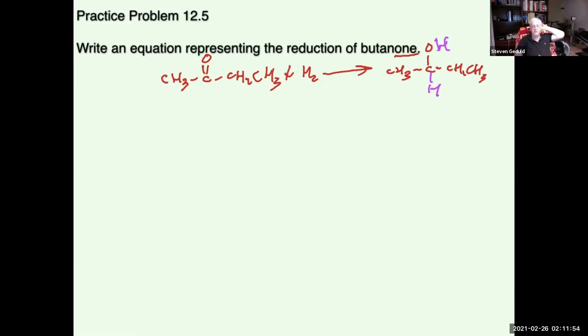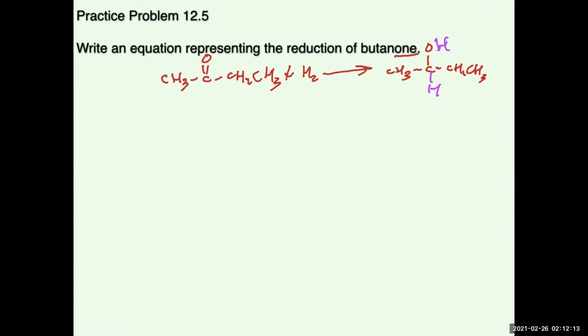So what's the IUPAC name for the product formed? Anybody want to guess? 2-butanol. Perfect. Exactly right.